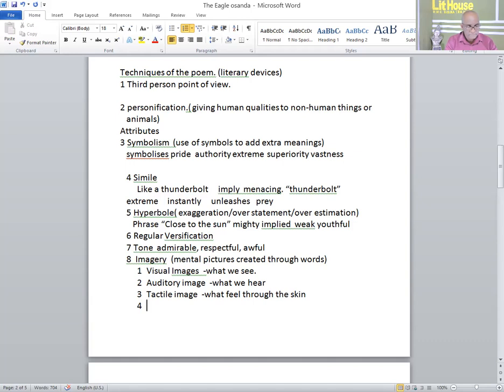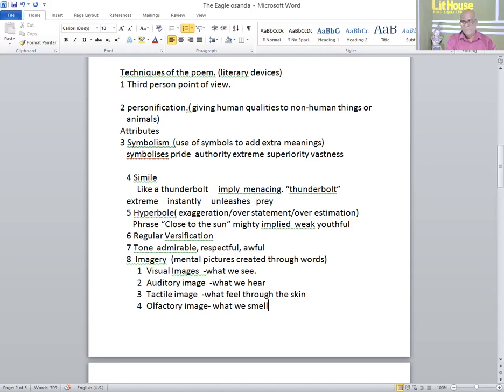Fourth one, what is it? Olfactory images. Very good. Olfactory image: what we smell through our nose.